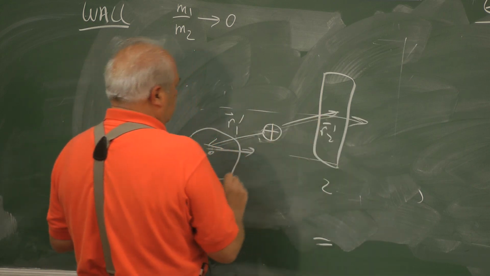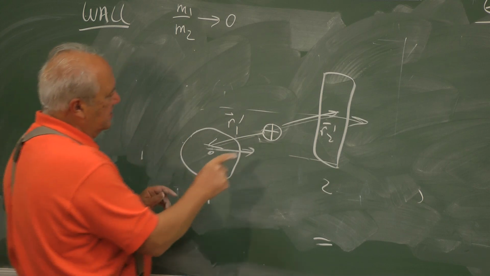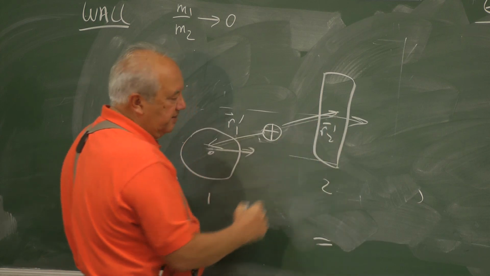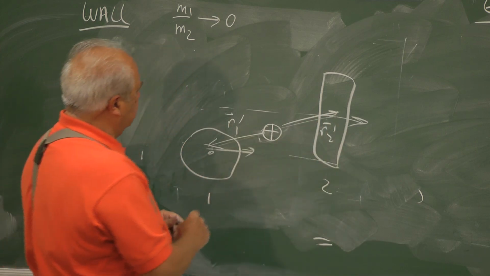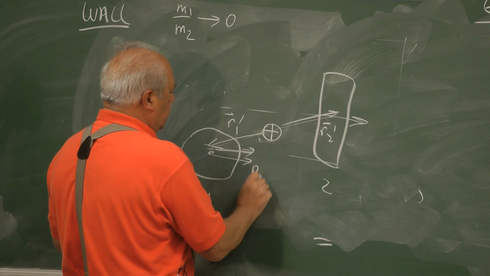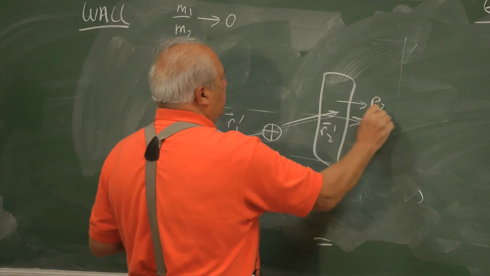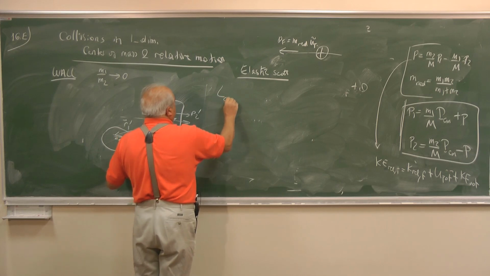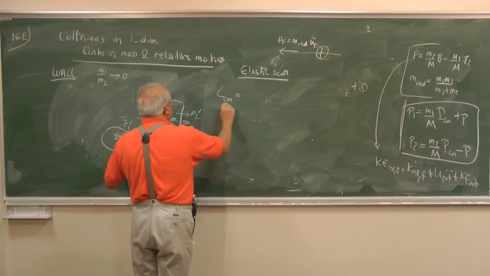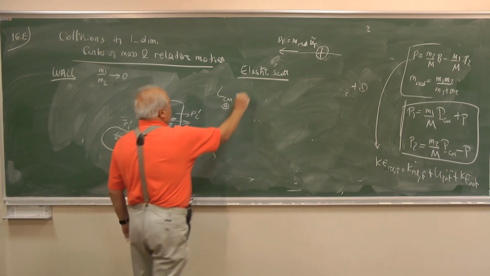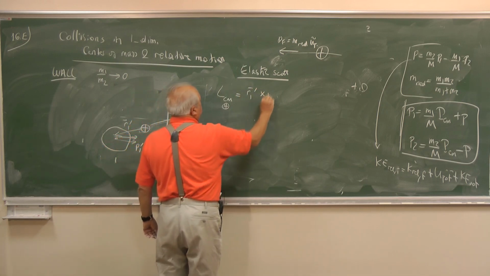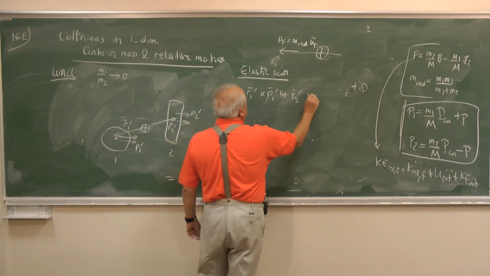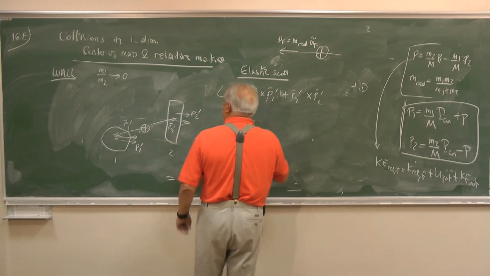I'm drawing an arrow, position arrow from the central mass to the central mass of the object. And this one has P1 prime, this one has P2 prime. So the L central mass of this thing is R1 prime cross P1 prime plus R2 prime cross P2 prime.